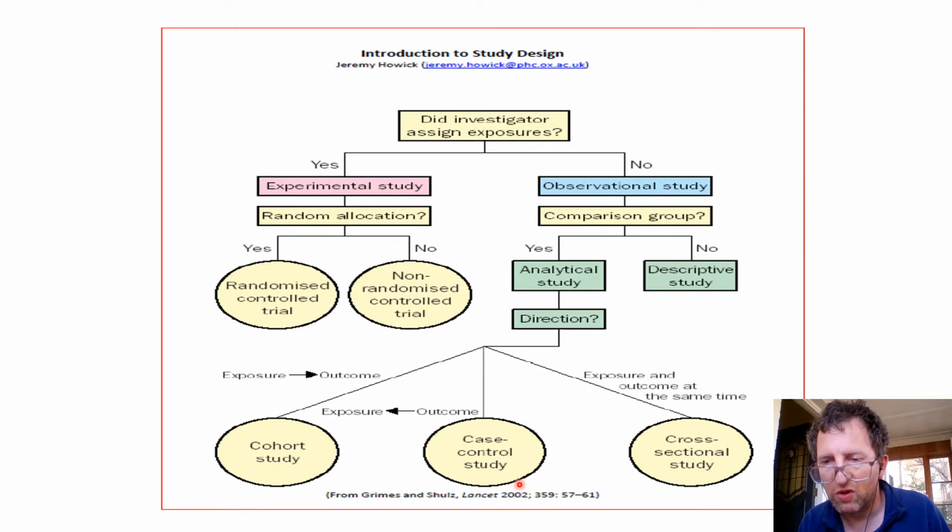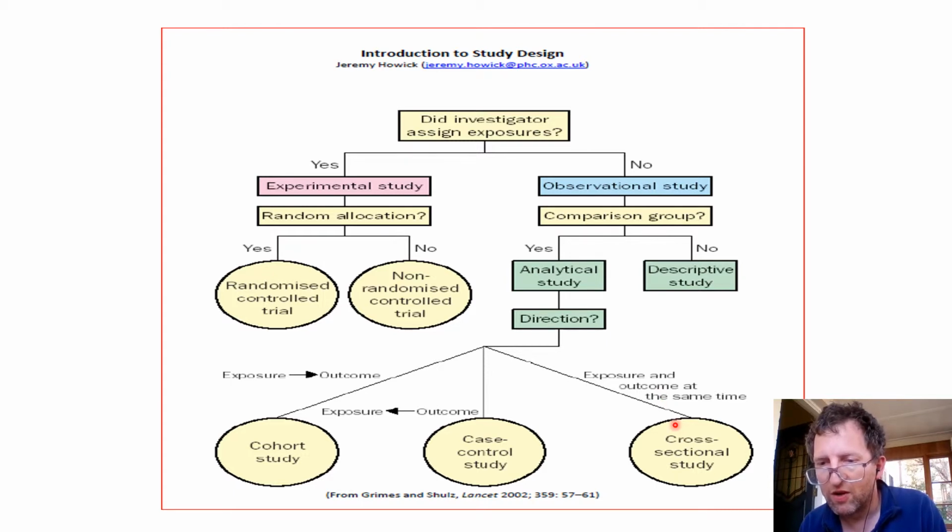Retrospective means going back in time. Prospective means you actually collect information from the start of the study. So if your selection is by the outcome and you're going back in time to the exposure, that's a case control study.